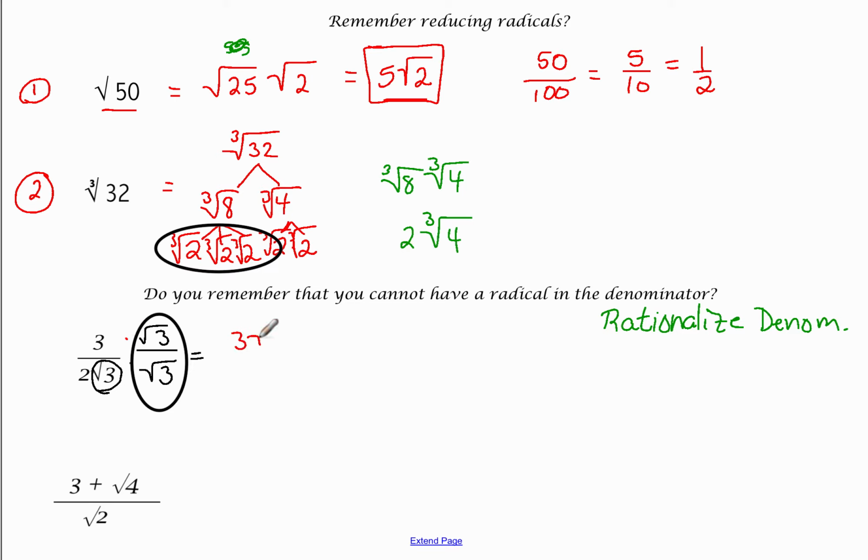Radical 3 goes up top, and on the bottom we have 2 times radical 3 times radical 3, and that's where the magic happens. Remember, this is square root, square root. Radical 3 times radical 3 is radical 9.